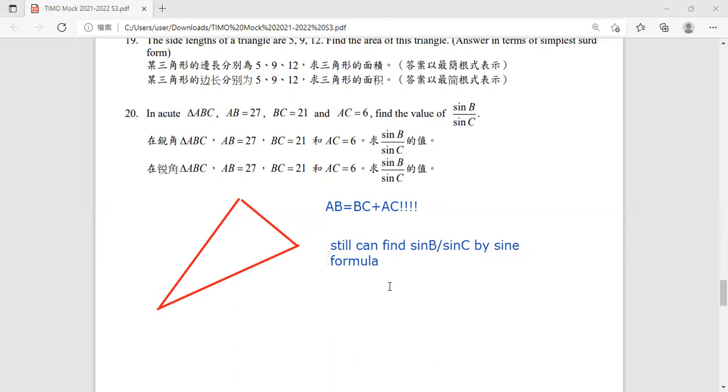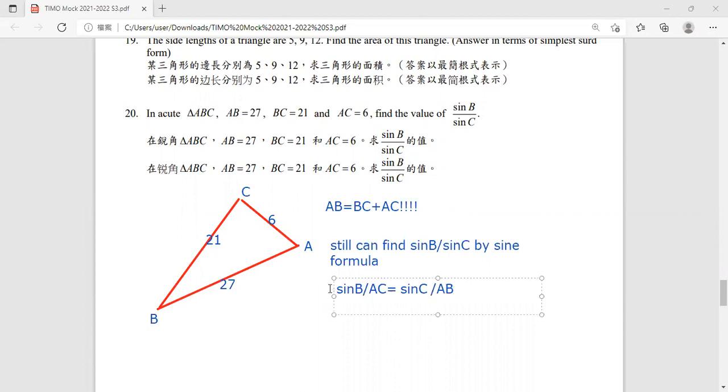Now let's put the coordinates on it. This is 27, this is 21, and this is 26. This is B, this is C, and this is A. Sine B over AC is equal to sine C over AB.